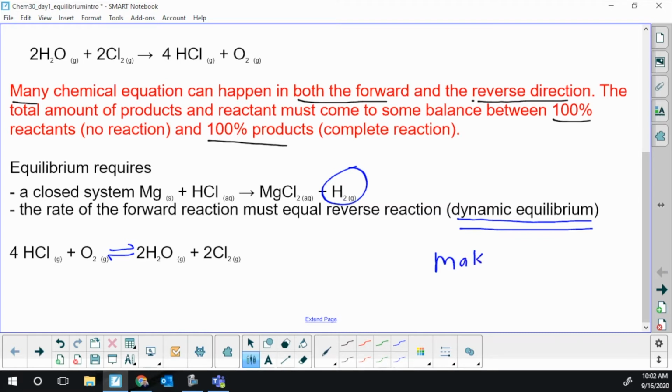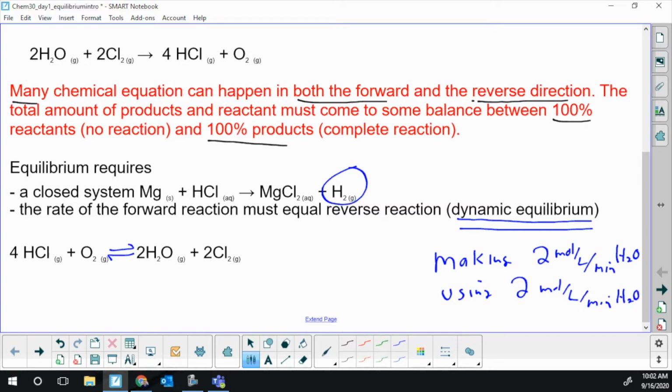I'll just put that in notes. So maybe the system is making 2 moles per liter per minute of water, and it's also using 2 moles per liter per minute.